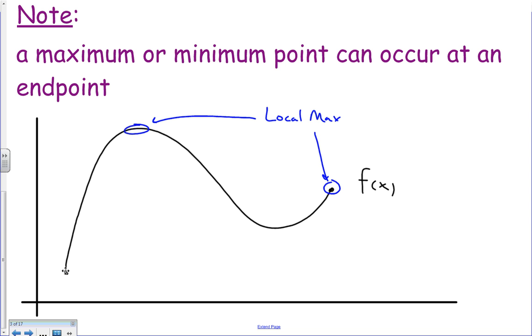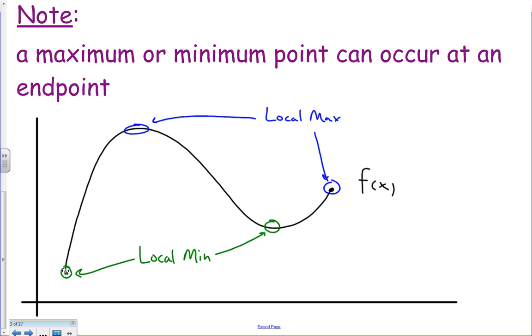We also have some local minimums. I got a local min right here, and I got a local min right here. Again, if you consider just a small region around those, that's the lowest point in each of those regions.